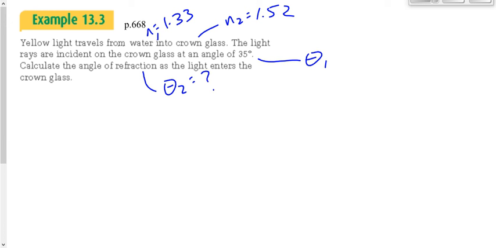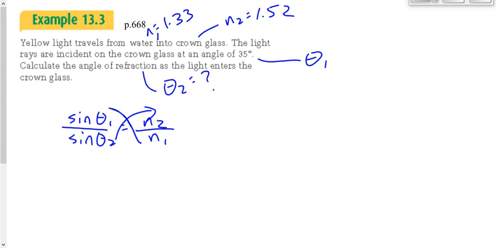So we could say sine theta 1 over sine theta 2, V1 over V2, lambda 1 over lambda 2, N2 over N1, or we can just say sine theta 1 over sine theta 2 equals N2 over N1. Solving for theta 2, a little bit tricky here. Goes up by multiplying. Trade places here, trade places here. We get sine theta 2 equals N1 over N2 times sine theta 1.